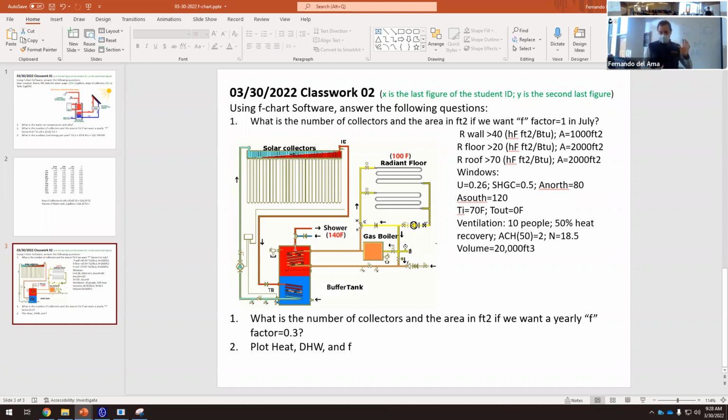So knowing the habits of people is important to save energy, because if we know that this family uses the shower only from 8 a.m. until 10 a.m., we only need 140 Fahrenheit these 2 hours.